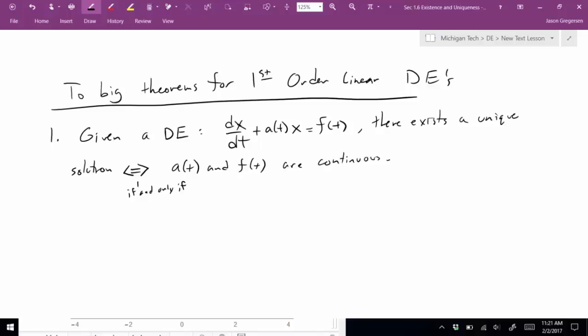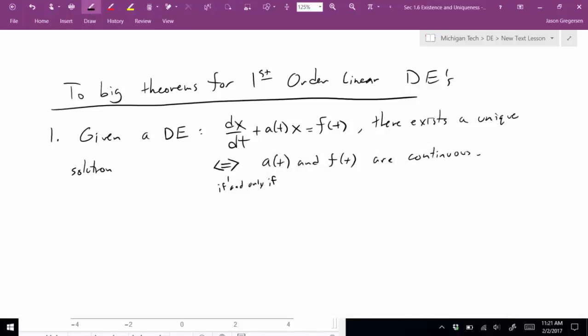Really what they'll say is that given the initial value problem, say x of t0 equals x0, there exists a unique solution through some initial value, if and only if those two functions are continuous at that point t0, x0.